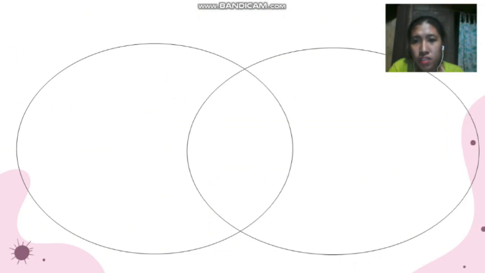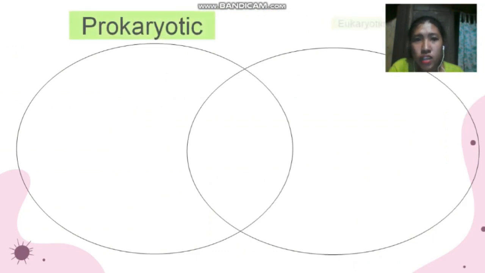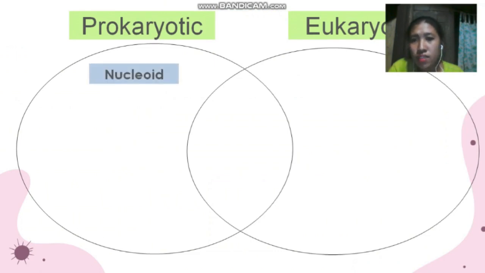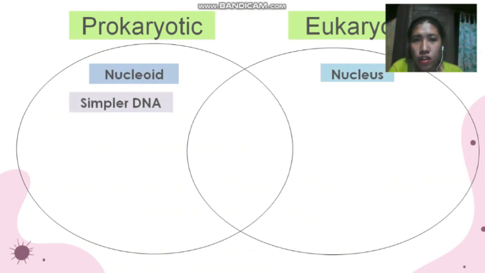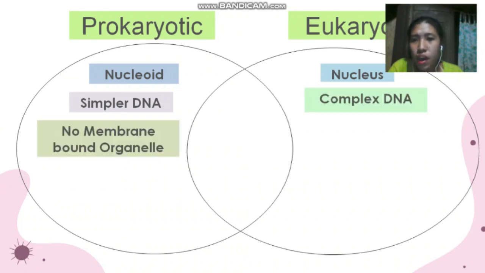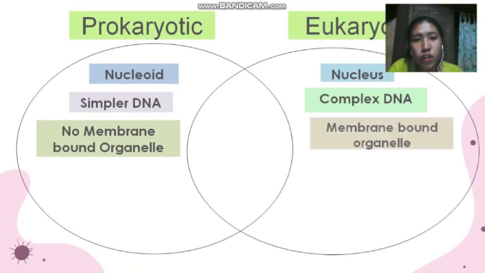We obtain that the prokaryotic and eukaryotic differences are, first, prokaryotic has a nucleoid while eukaryotic has a nucleus. It has simpler DNA in prokaryotic while eukaryotic has complex DNA. Prokaryotic has no membrane-bound organelles while eukaryotic has membrane-bound organelles.